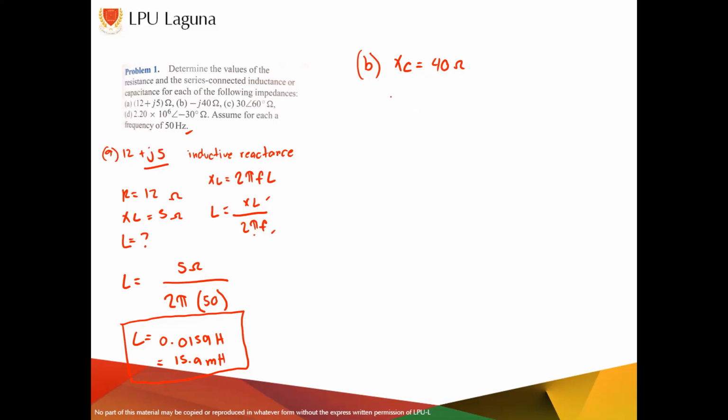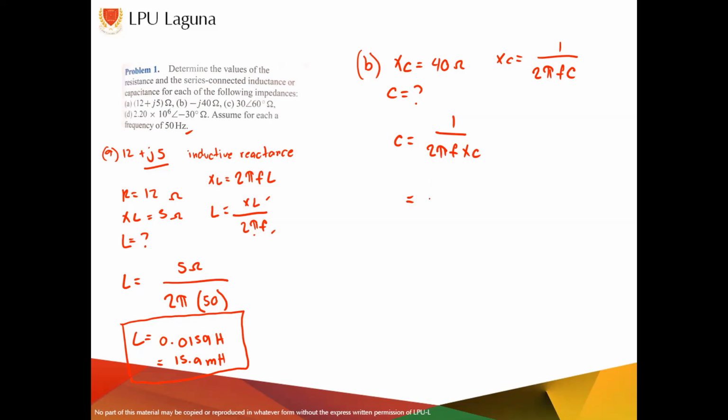So, we are looking for C. Paano natin kukunin na C? Meron tayong formula na XC is equals to, anong formula dito? 1 over 2 pi FC. Okay? So, para makuha ang C, formula is 1 over 2 pi f XC.